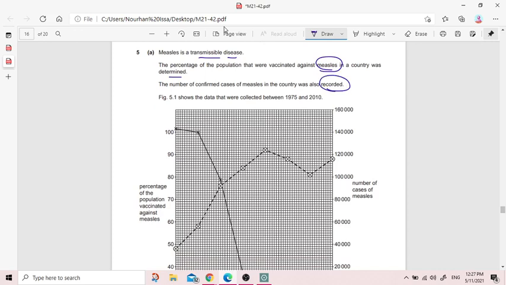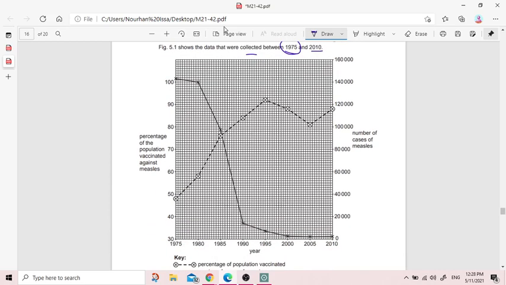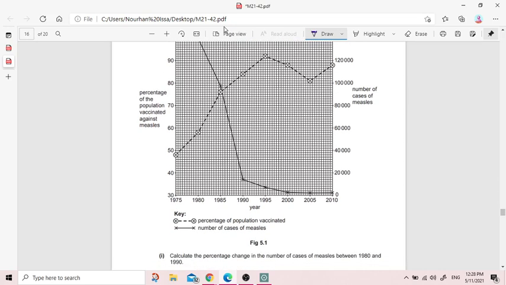Figure 5.1 shows the data that were collected between 1975 and 2010. This solid line is the number of measles cases, and the dashed line is the vaccination. Here is the percentage of the population vaccinated, and this is the number of cases.